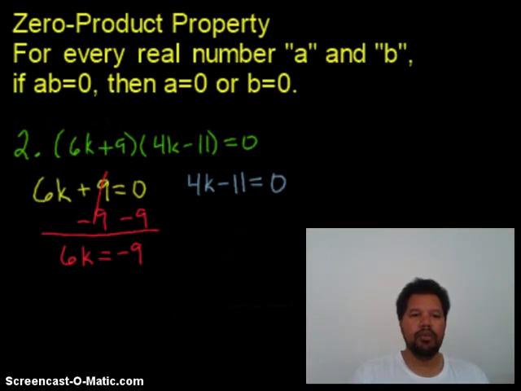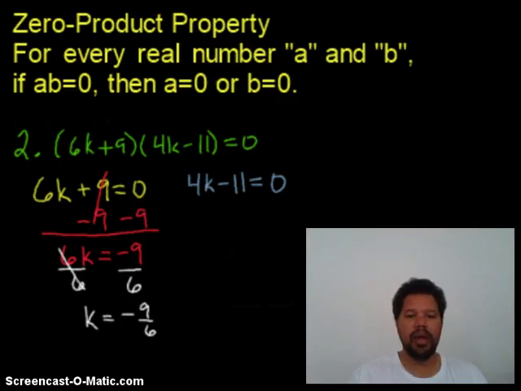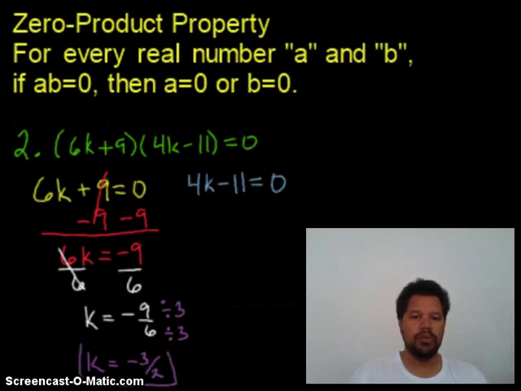And then we divide by 6 on both sides, giving us k equals negative 9 over 6, which is an improper fraction that can be simplified by a factor of 3, giving us k is equal to negative 3 halves. So this is one of the solutions.